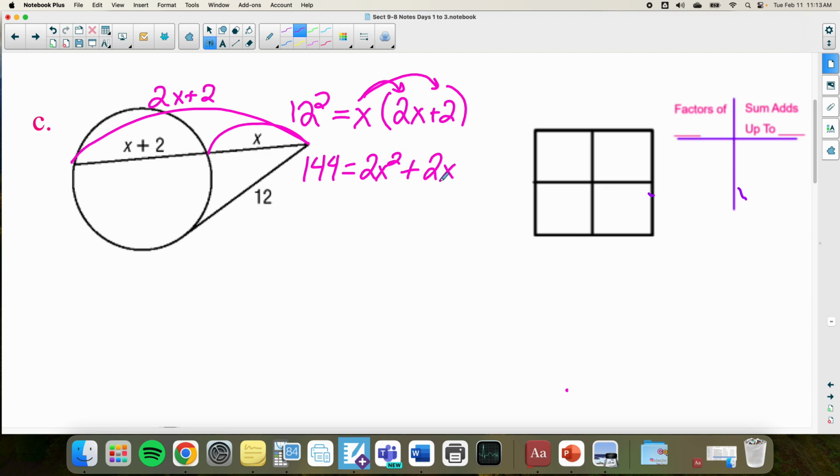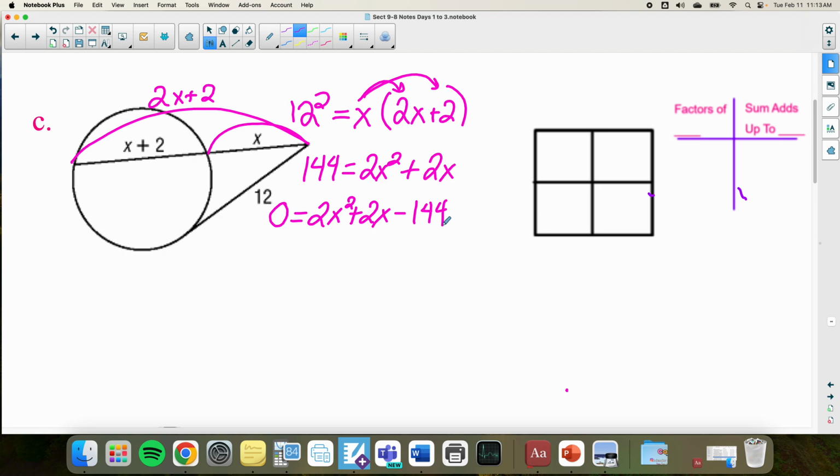The reason we have to factor it is because I have an x squared, an x, and a number. So I'm gonna rewrite this, and bring the 144 over, so it would be 2x squared plus 2x, and then when I bring that 144 over, we're gonna subtract 144.